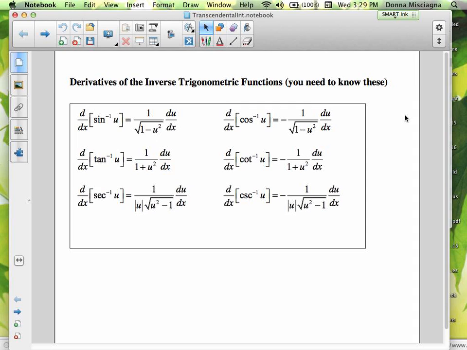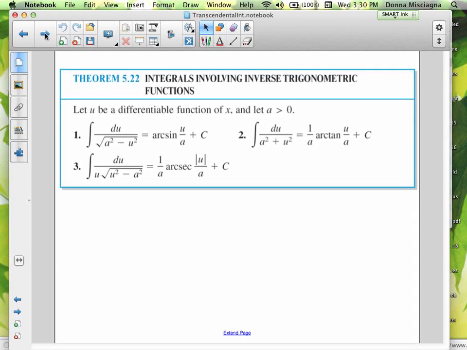So the inverse trig functions just go the other way, right? So here are the 3 basic ones. The other 3 just add a negative to it, right?